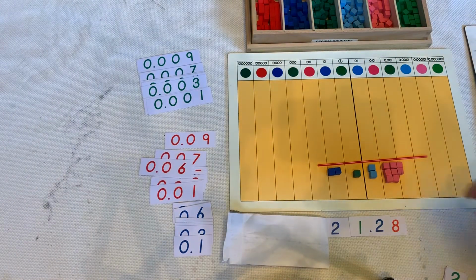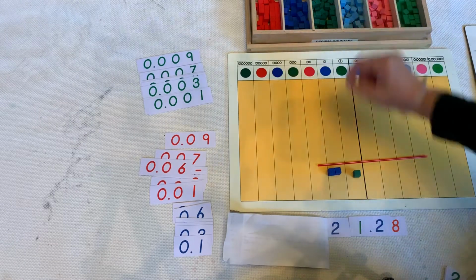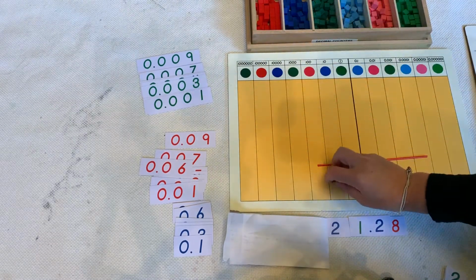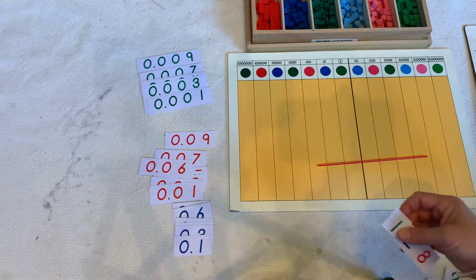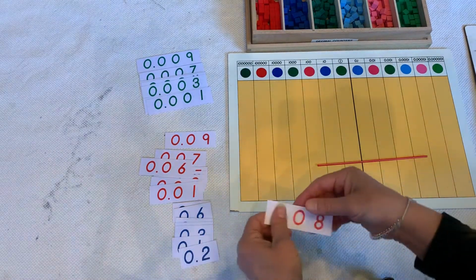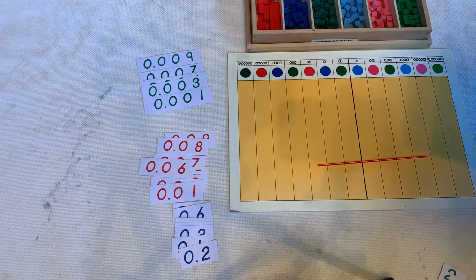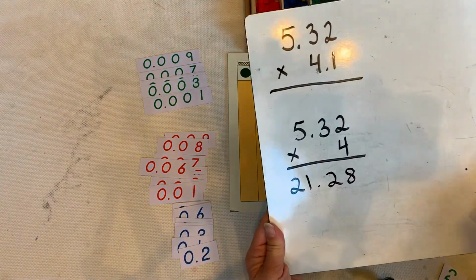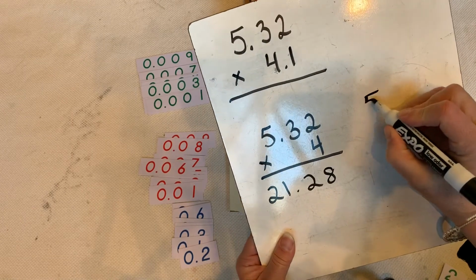So I'm going to clear the board because we already have our first partial product, and I don't need this anymore. Okay, so now when we're multiplying 5.32 times 0.1, let's take a look at that.